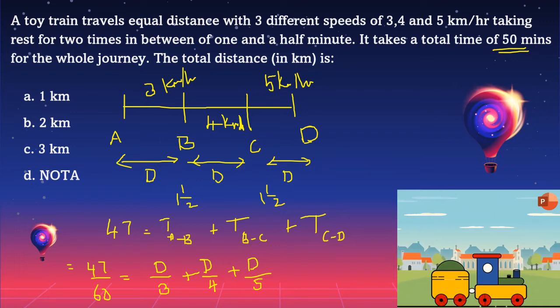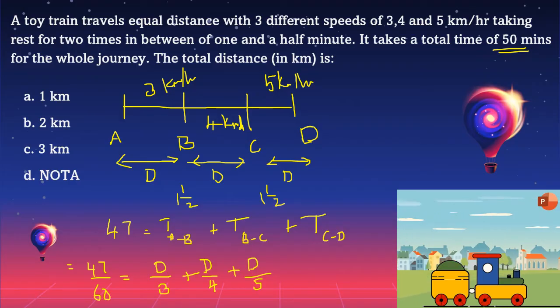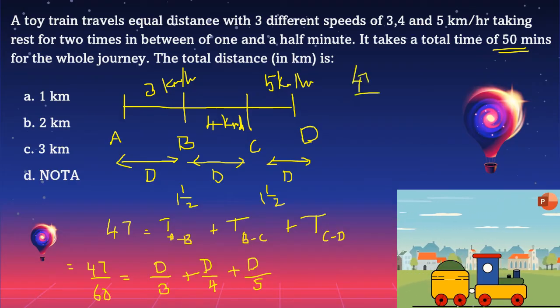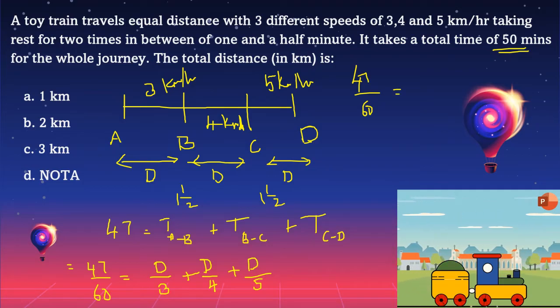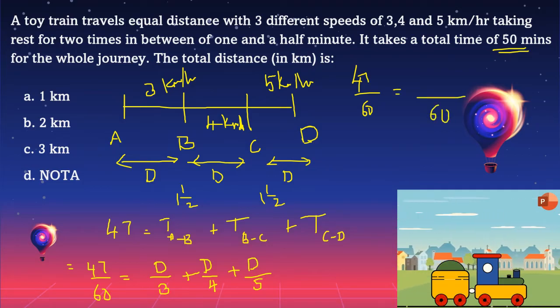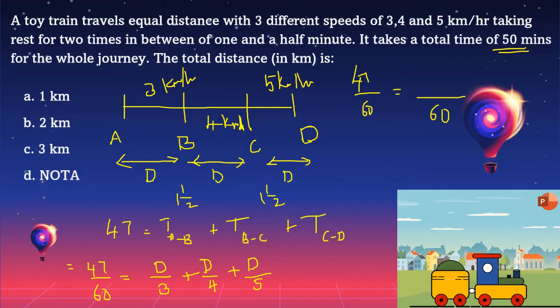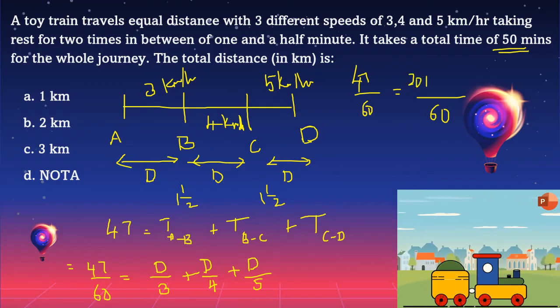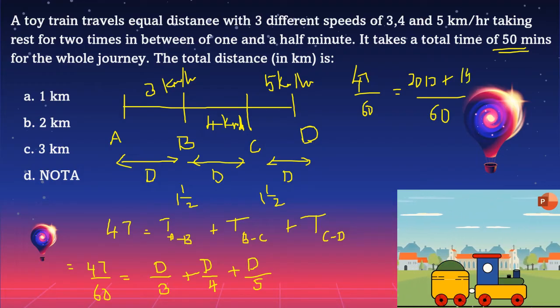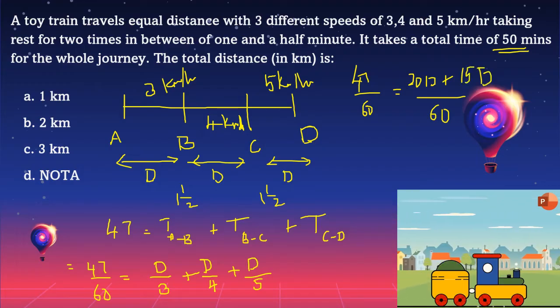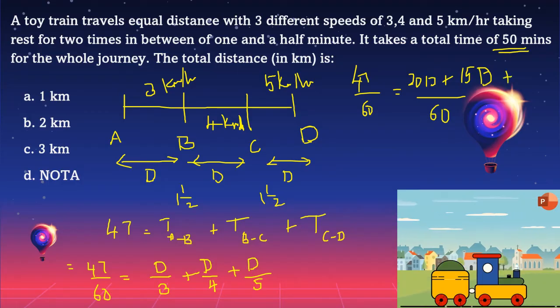So of course 3, 4 and 5, you can take the LCM as 60 again. So 47 divided by 60 will be equal to, I'm going to take 60 this side, so this is 20d plus, here it is 15d plus 12d.